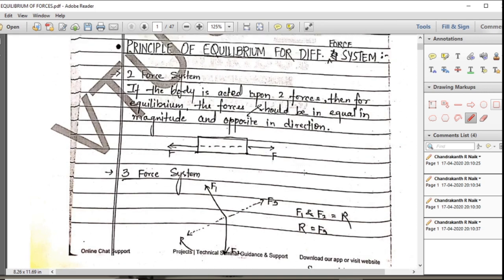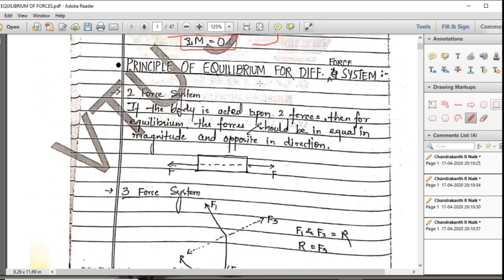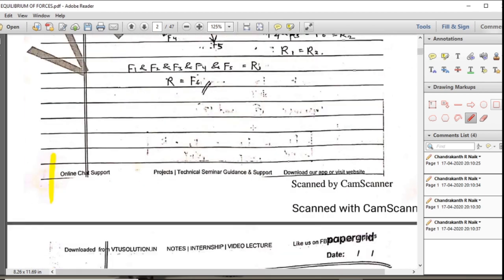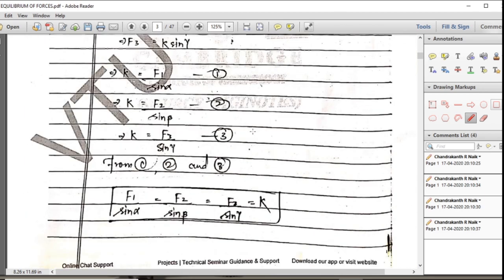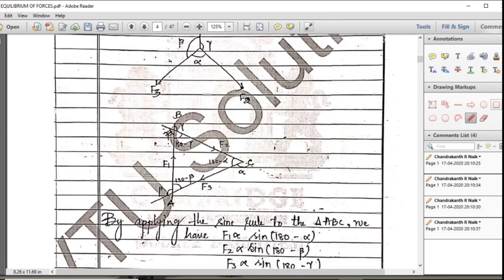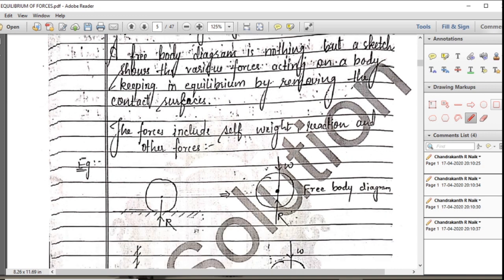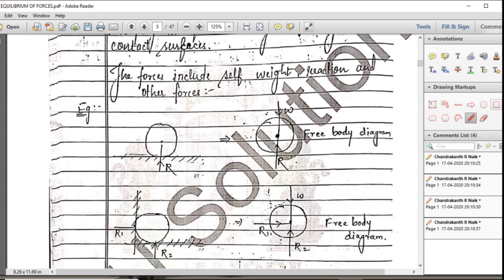Here is the principle of equilibrium for different force systems. This is important, but you will understand it while we solve problems. Now define the free body diagram. See here, this is the sphere and its contact surface is here.